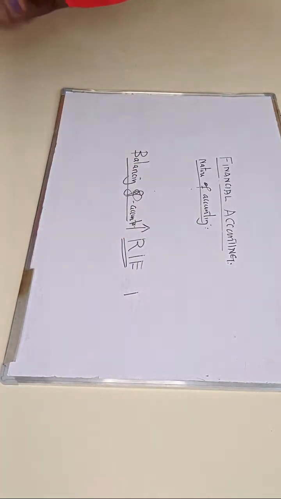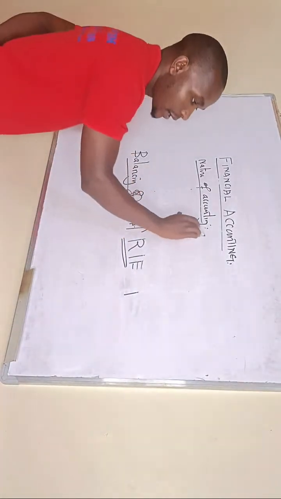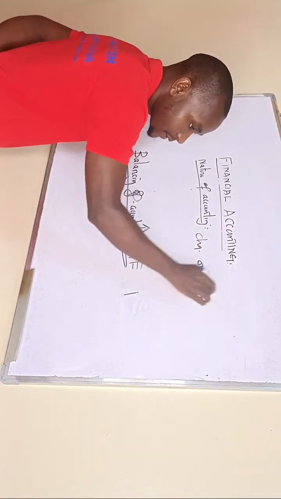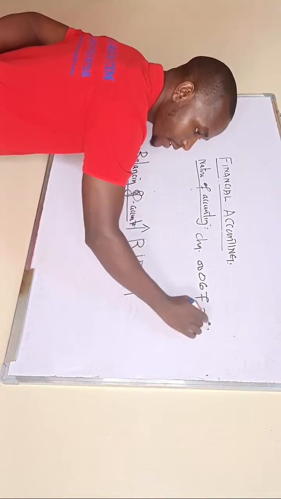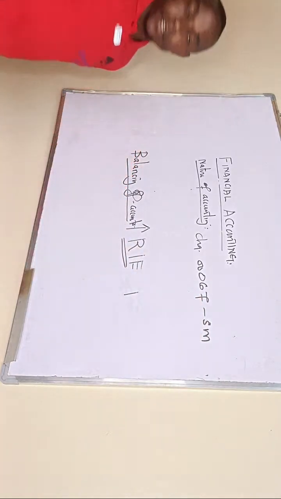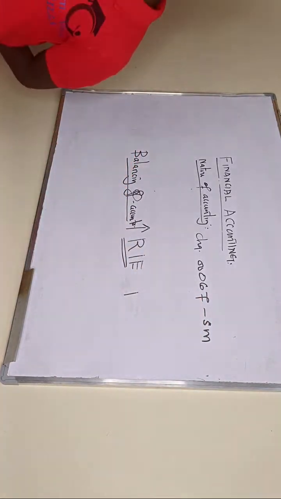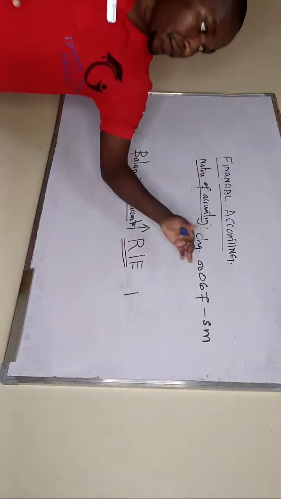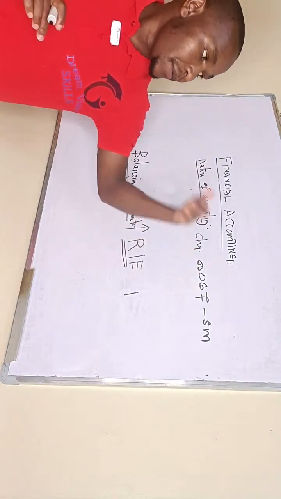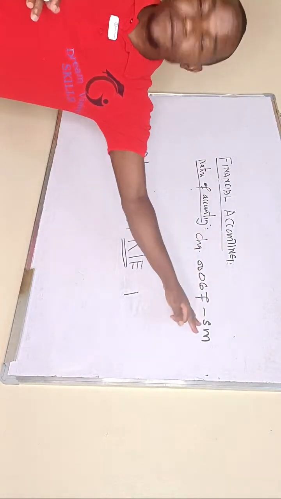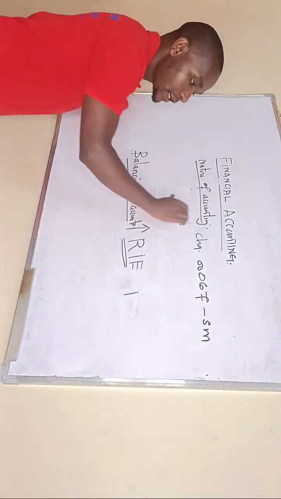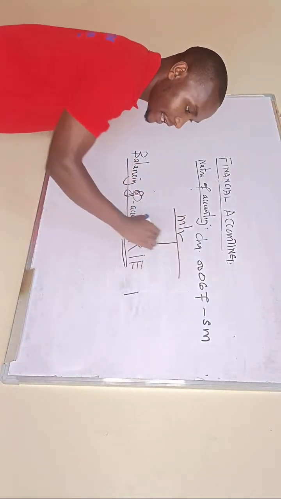An example: you buy a motor vehicle with a check, maybe check 00567 worth 5 million. You have to record that transaction. You open the motor vehicle account, which you are increasing, as assets.